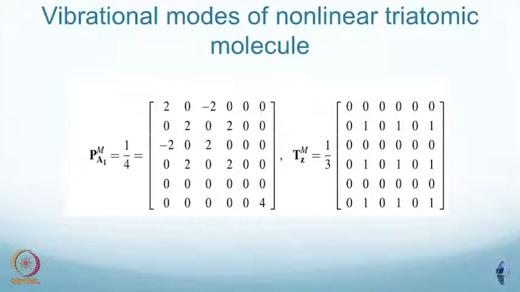I am normalizing the constant to be 1. Okay. So, this will be a projector. What do I mean by a projector? The square of this matrix should be itself. That is the definition of a projector. Am I right? So, this matrix which I have written is a projector for the translation along z direction, and translation along z direction belongs to A1.